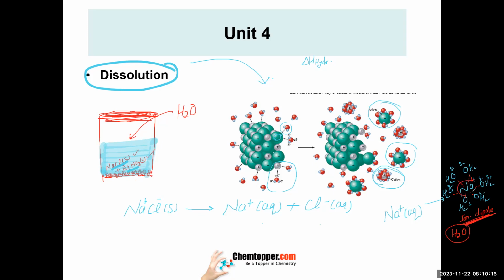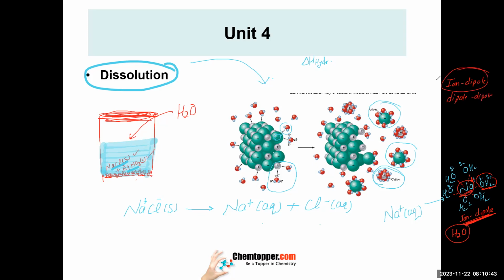Na plus and water: Na plus is ion, water is polar dipole. I'm not saying hydrogen bonding because Na plus cannot make hydrogen bonding. Which one is stronger, ion dipole or dipole-dipole? Remember Coulomb's law?